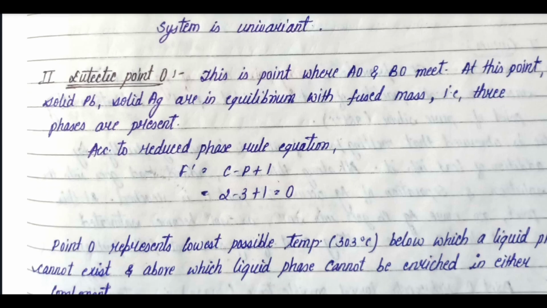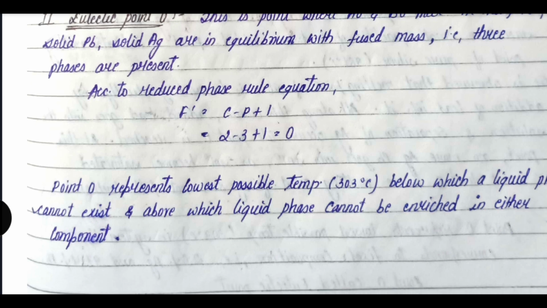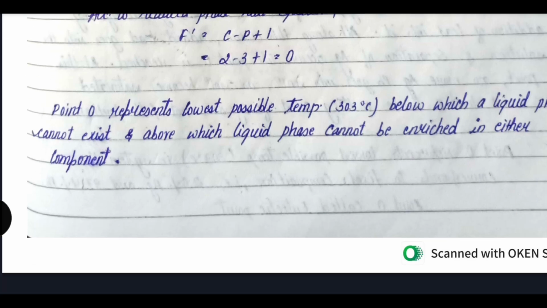Second, eutectic point O. This is point O where AO and BO meet. At this point, solid Pb and solid Ag are in equilibrium with fused mass, that is 3 phases are present. According to reduced phase rule equation, F dash is equal to C minus P plus 1 equal to 0.